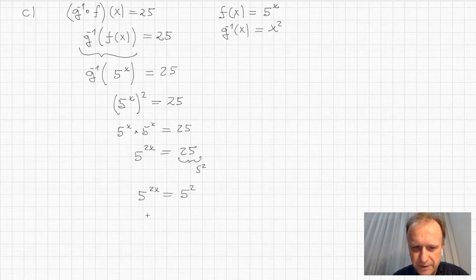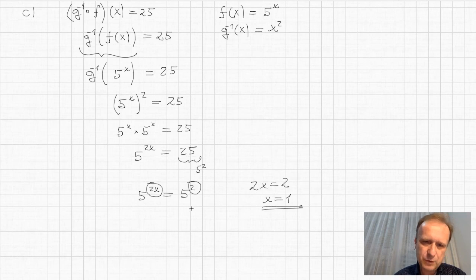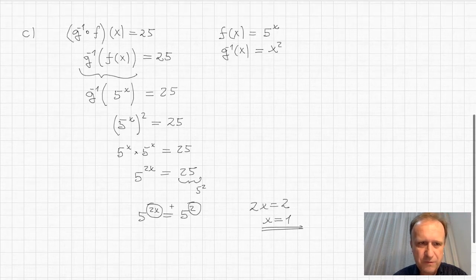Therefore, you can say that 2x and 2 are the same. So you can write 2x equals 2. And therefore, x must be equal to 1. This is the solution of the equation given in this very strange and difficult form. So this is the answer to part C.